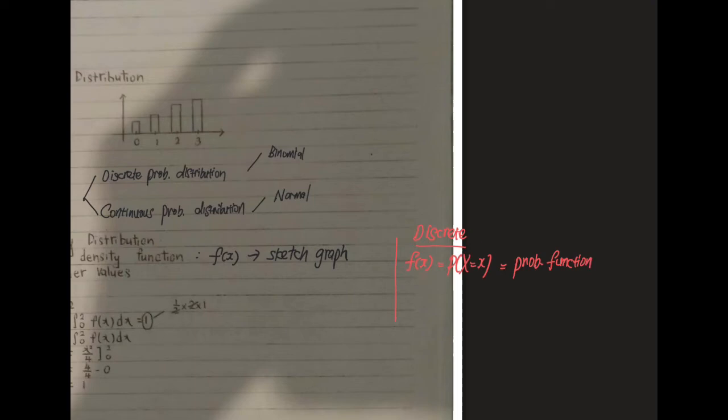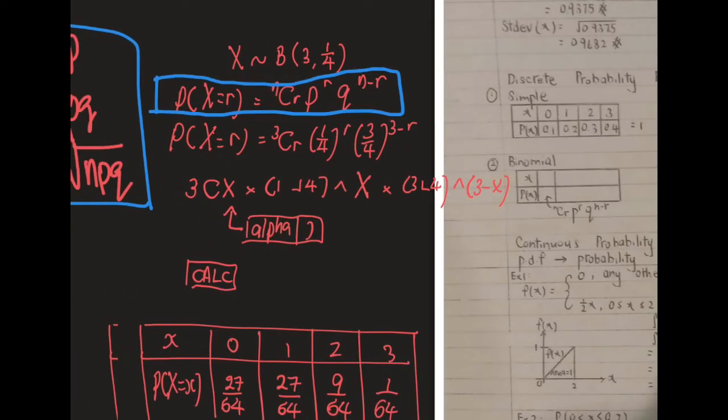So for example, this is the probability function. So this is the f(x). In discrete, that is the f(x). f(x) is used to find probability. In discrete, f(x) is used to find probability. In continuous, f(x) is used to sketch out the graph.